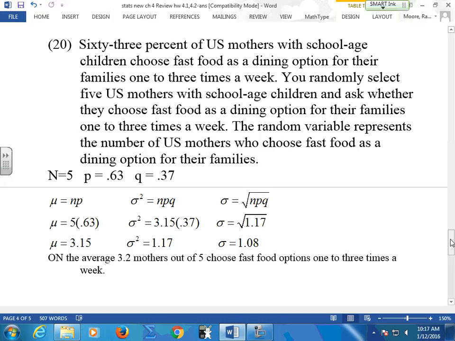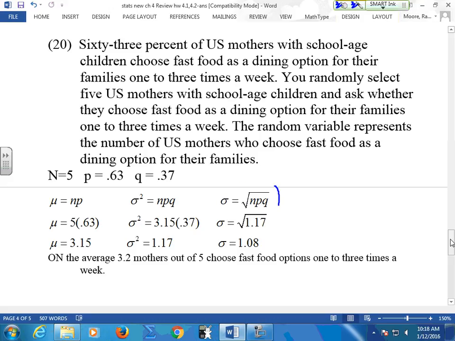Now, they just wanted your average, your mean, your standard deviation, and your variance. You can also set up a table if you feel more comfortable because it's only 0 to 5. If it was 50 women, you definitely wouldn't want to set up a table for 50 women and do L1, L2 after doing all your binomials.